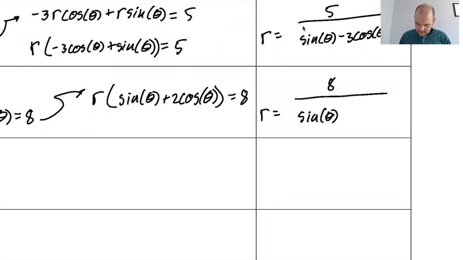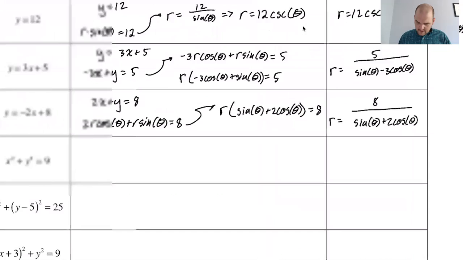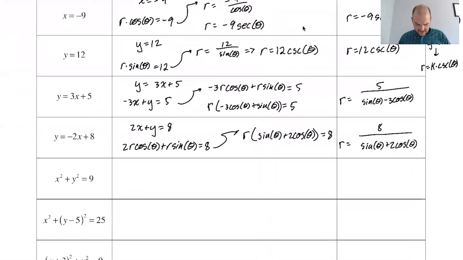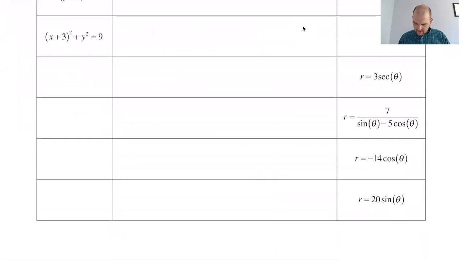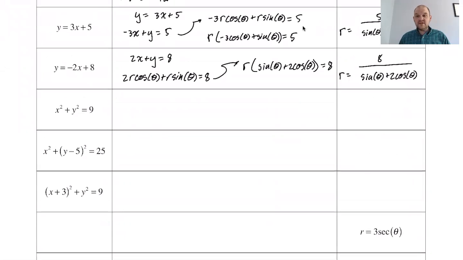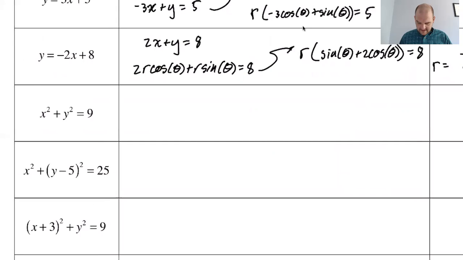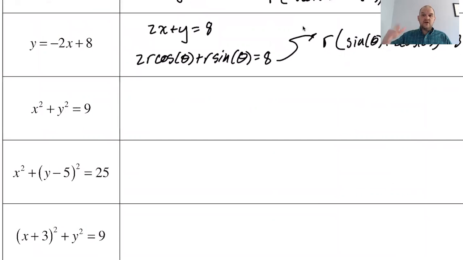Okay, so we've converted a bunch of lines. And then the next thing we want to do is convert a bunch of circles. So I'm going to convert this one, and then I think I will cut this video and come back and talk more about more things in a second.